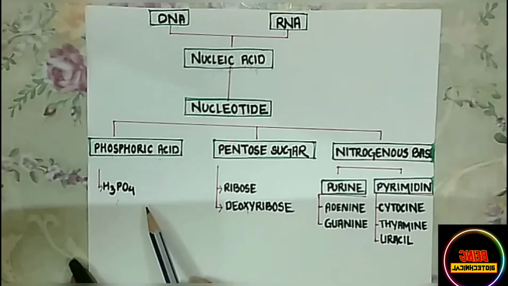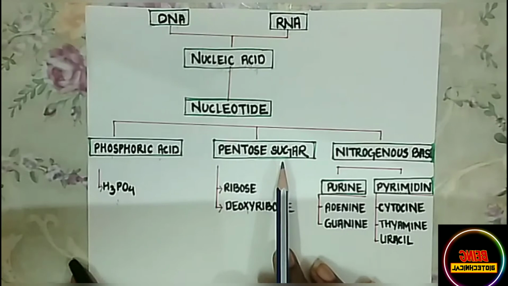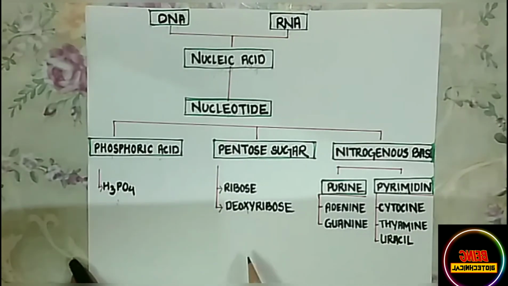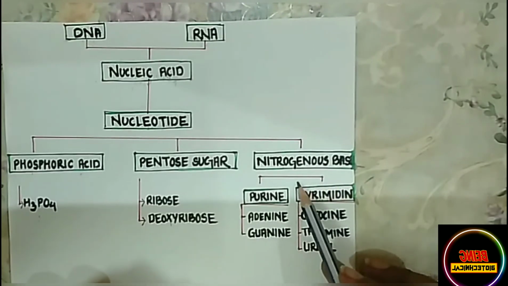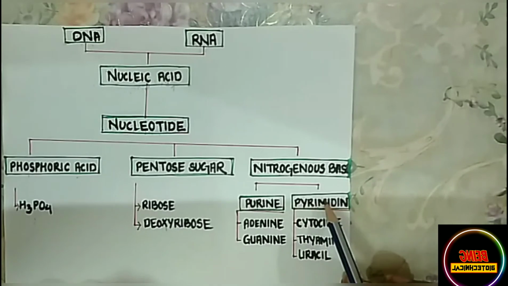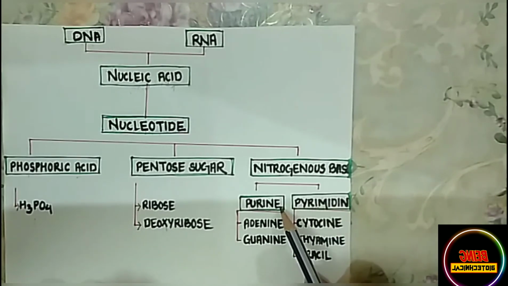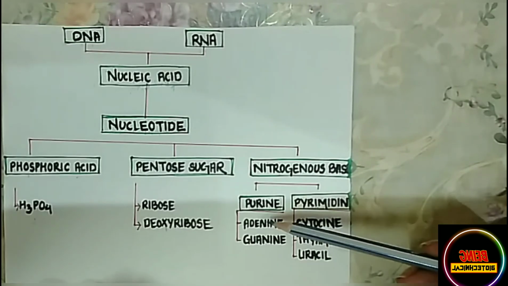We already discussed the structure of phosphoric acid and pentose sugar in the previous video. Now let's see what nitrogenous bases are. Nitrogenous base is again composed of two things, purine and pyrimidine. Purine, as we can see, is divided into adenine and guanine.